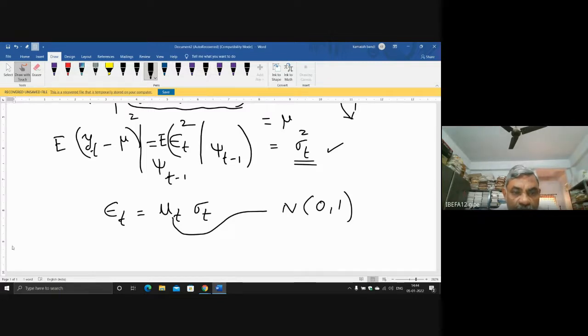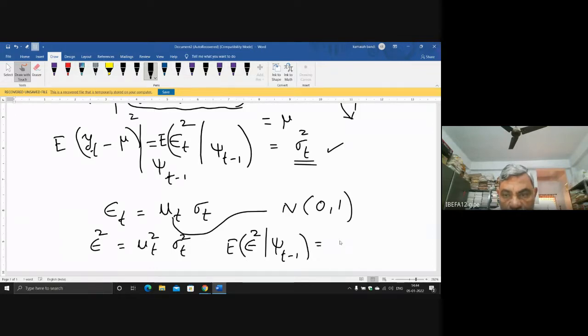Okay. Now take squares on both sides. Epsilon t square equals ut square times sigma t square. Now take conditional expectations on both sides, conditional upon the information set. Expectation of sigma square t is itself, because this is not a random variable.